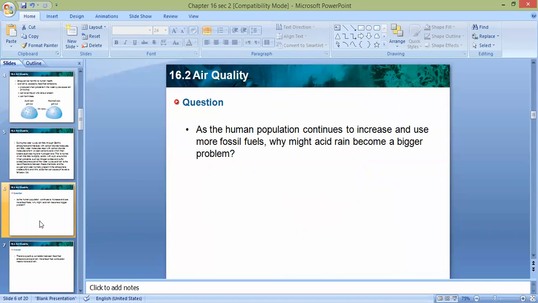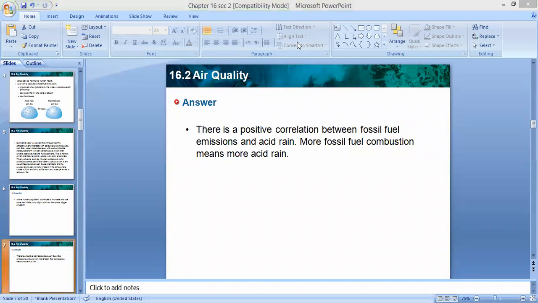We said this answer yesterday. Because every time I am using more fossil fuels, I get more nitrogen oxide and more sulfur oxide, and when they react with the water they make acids, nitric acid and sulfuric acid, and this will become a bigger problem because the acid rain will increase. So there is a direct relation, a positive correlation: more fossil fuel combustion, burning, means more acid rain.